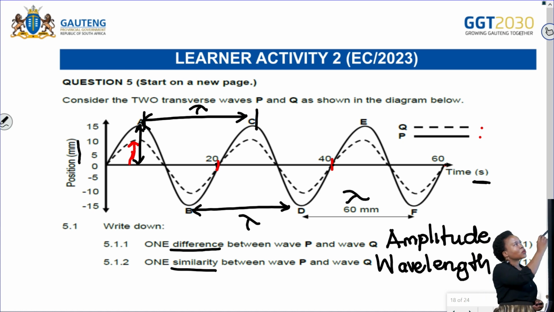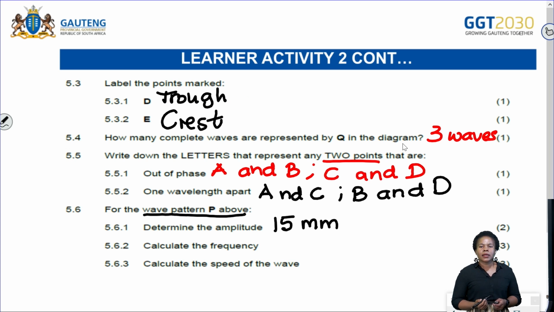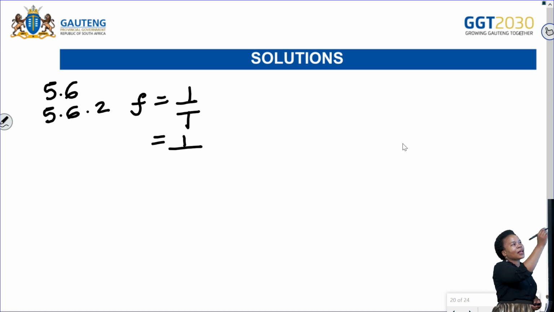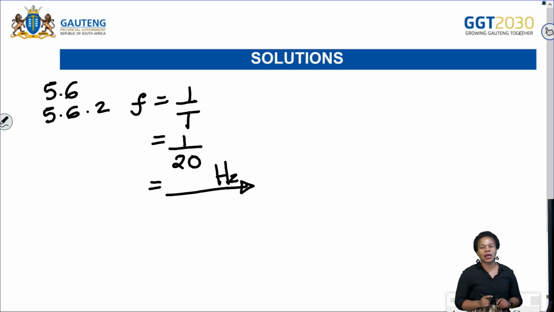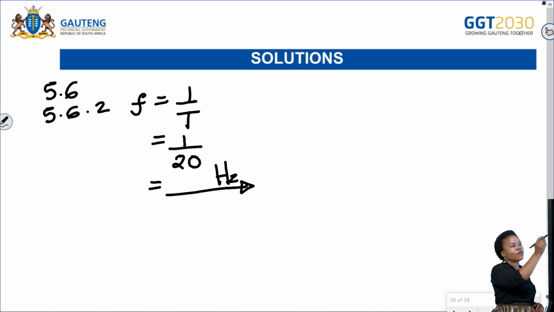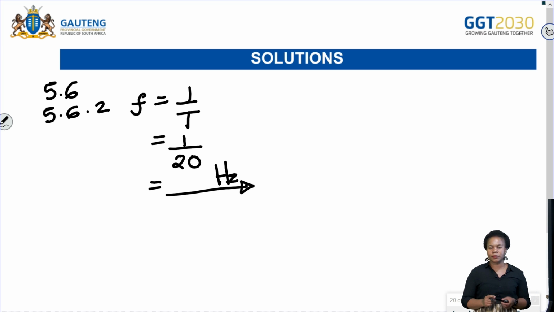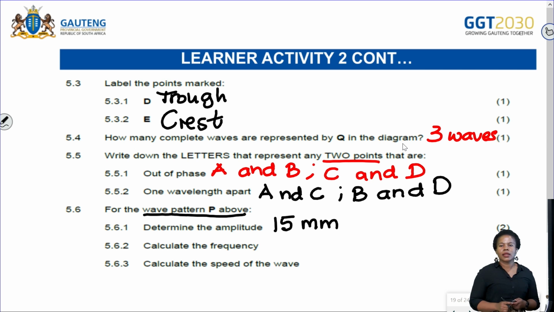And for me to be able to complete from crest and trough, which marks my full wave, is taking me 20 seconds. I don't have my calculator with me right now, and then you say what is 1 divided by 20. It will then give you your answer in hertz, because hertz is the SI unit for frequency.